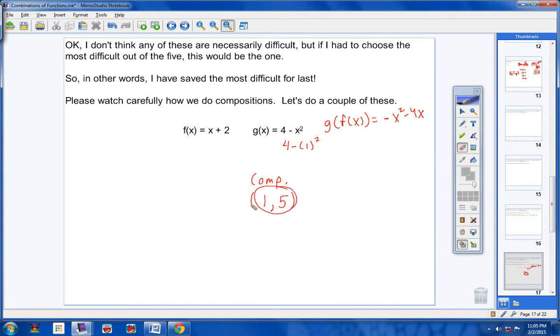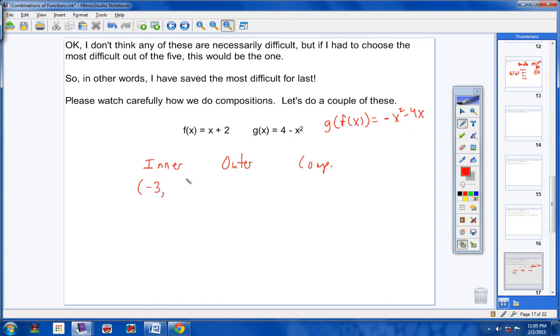Why don't you guys try this on your own real quick? Let's use g of f of x. So let's put inner for your inner function, then outer for your outer function, and then composition for your composition function. Now, let's pick a different number. Let's use a negative number. Let's use negative 3.